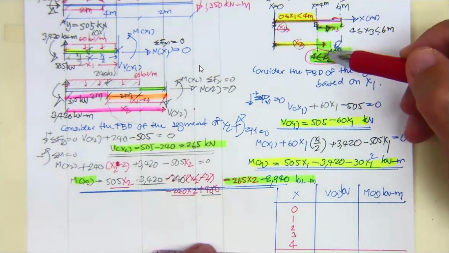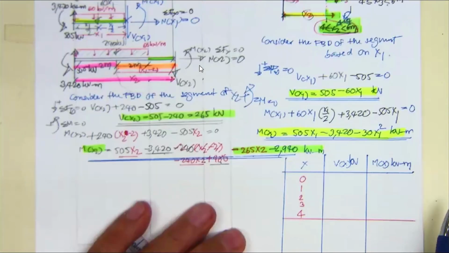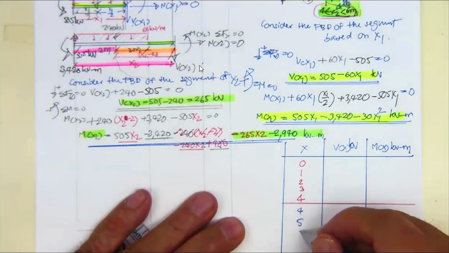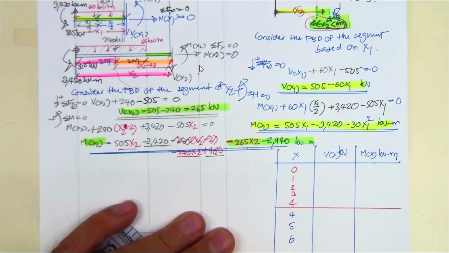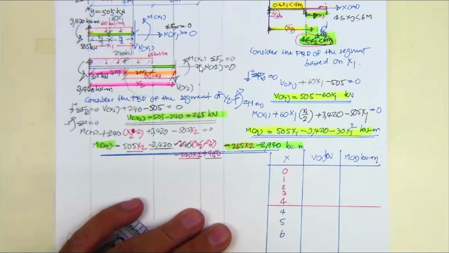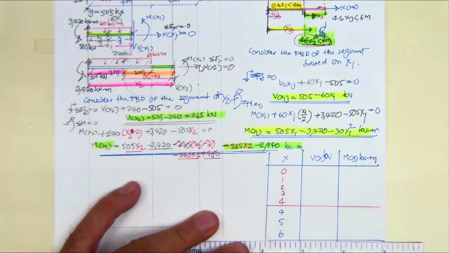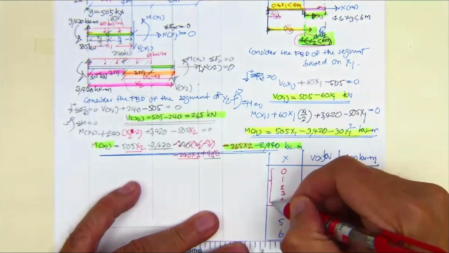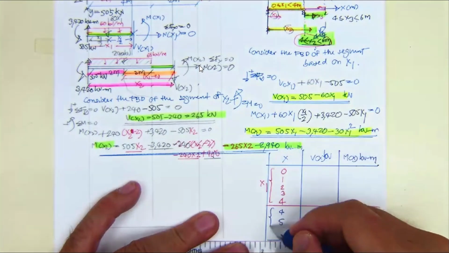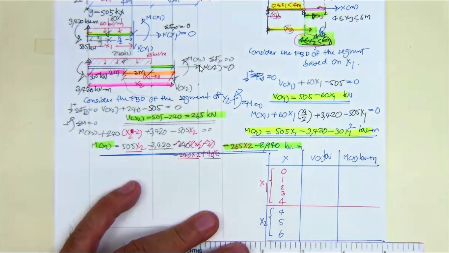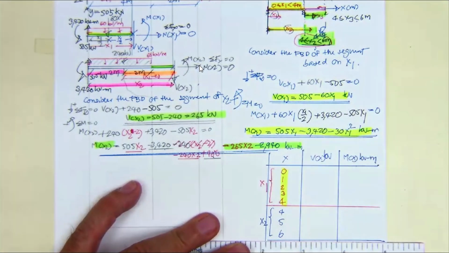And then 4 to 6: 4, 5, and then 6. You may cut this one. This one is for x1 and this one is for x2. The x1 is going to be the yellow and the x2 is going to be the green.